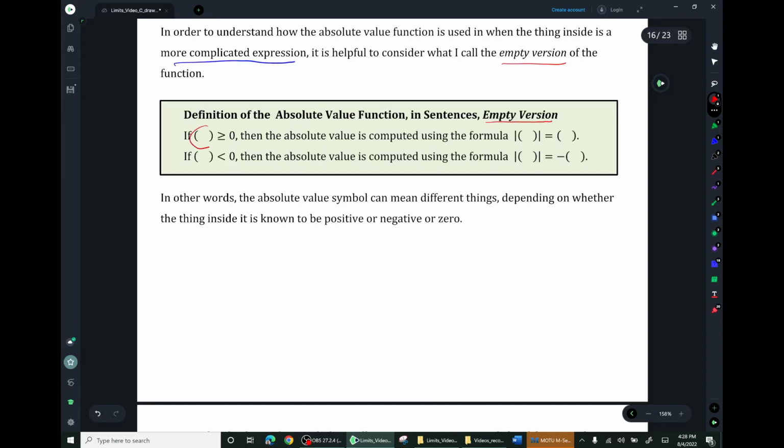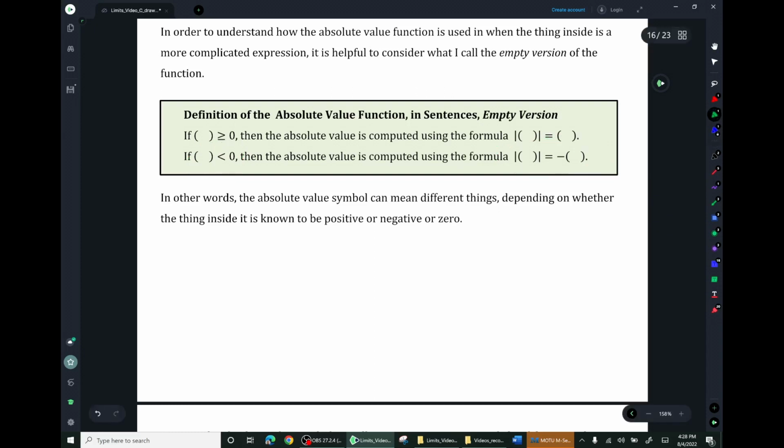So if parentheses are greater than or equal to 0, then the absolute value is computed using this formula: the absolute value of parentheses is parentheses. But if parentheses is less than 0, then the absolute value is computed using this formula: the absolute value of parentheses is the negative of parentheses.